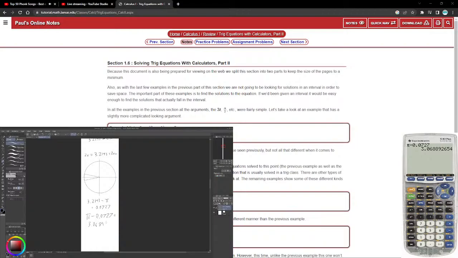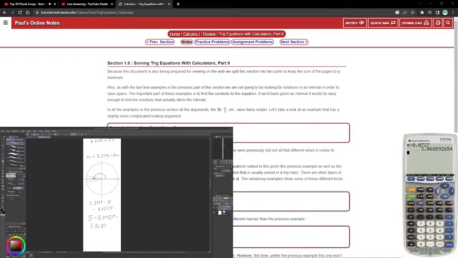Okay, so first we took this, subtracted this, then I got the triangle here, then I took pi minus that triangle, so now I have this angle, which is 3.0689, so that's what I wanted.